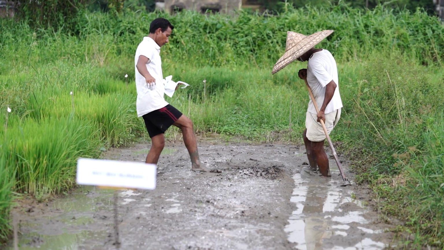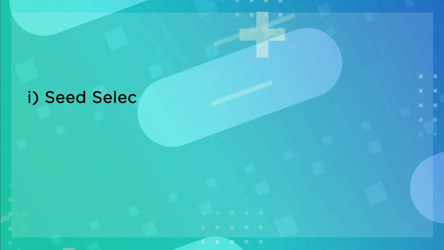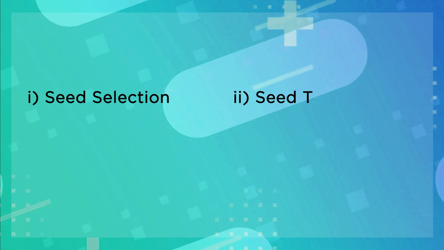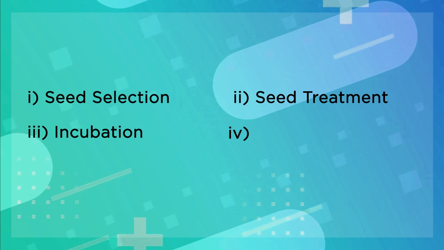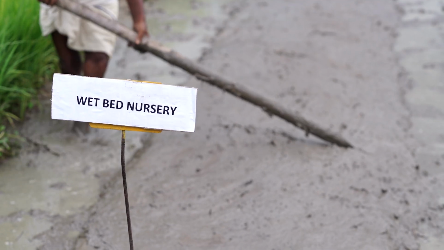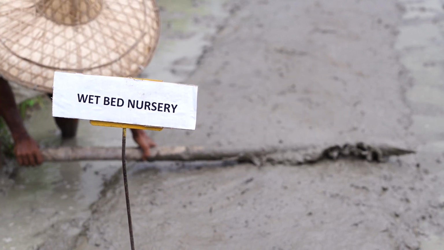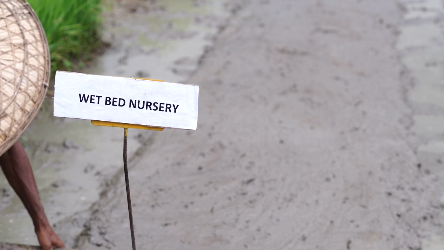The steps involved in wet bed nurseries are as follows. First one is seed selection, next seed treatment, number 3 incubation, and 4 is the raising of nursery. Now I am going to discuss the steps involved in raising of nursery.